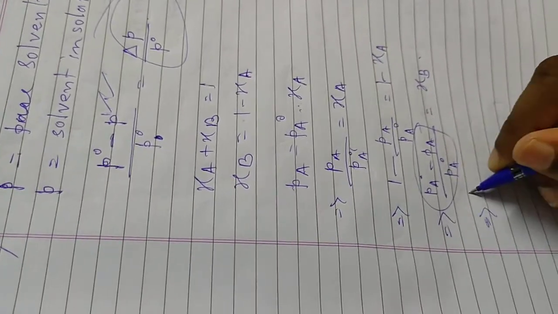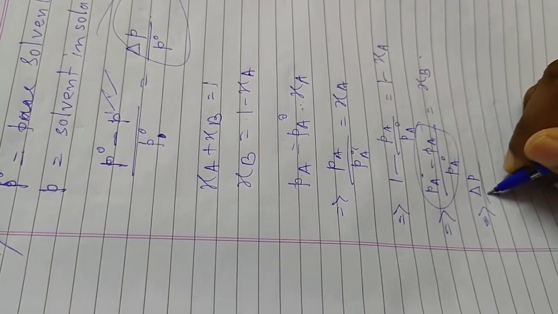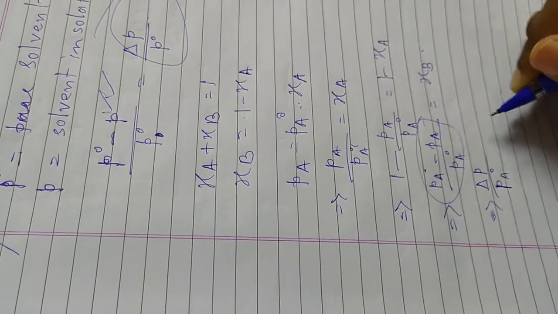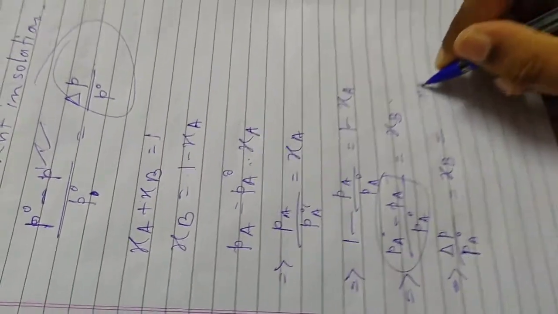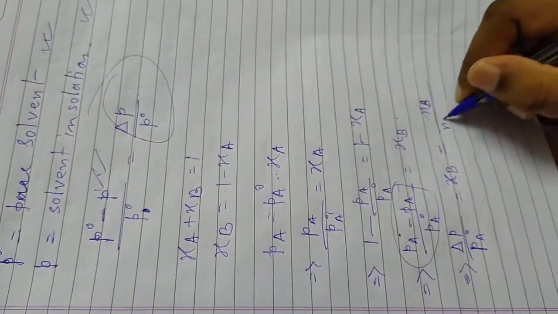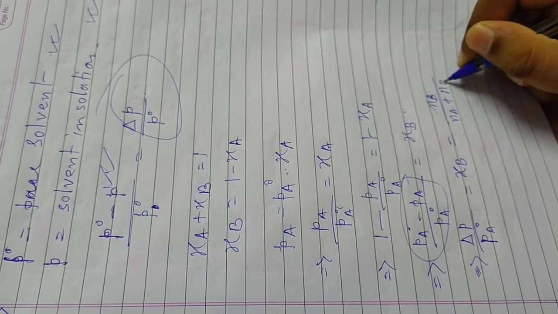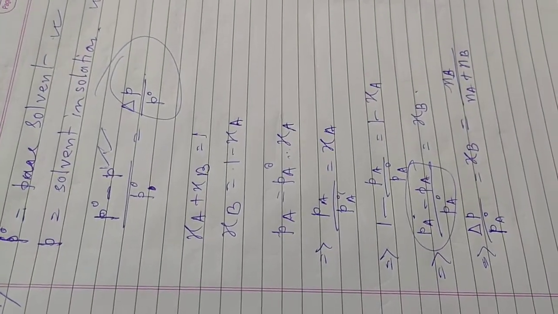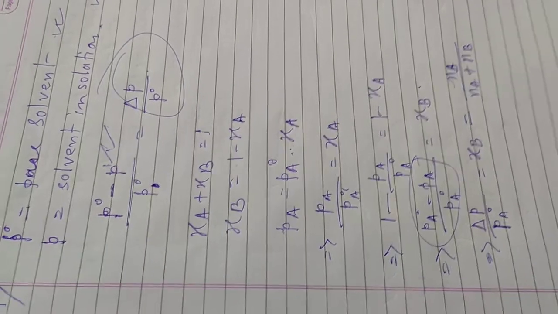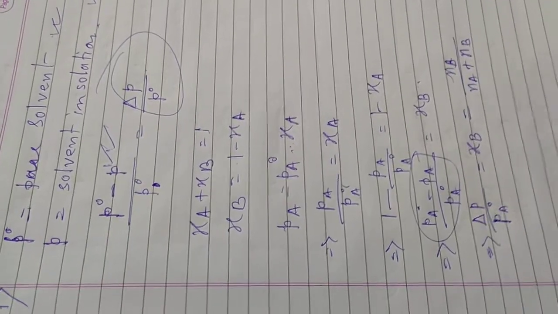This is delta P by PA naught, which is equal to chi B. And chi B is equal to NB by NA plus NB, where NB is the number of moles of the solute and NA is the number of moles of the solvent.